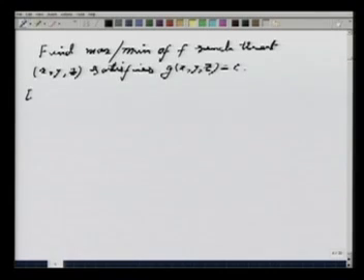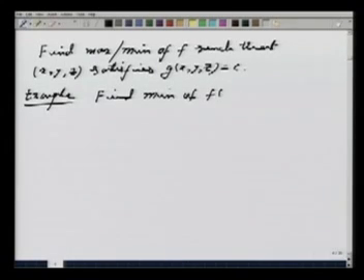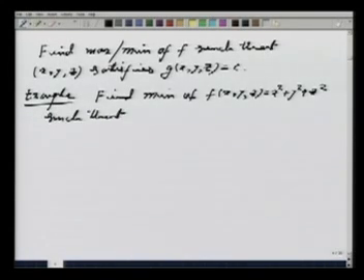A typical example which I have mentioned: find the minimum of f of x, y, z equal to x square plus y square plus z square, such that 2x plus 3y plus 4z equal to 1.